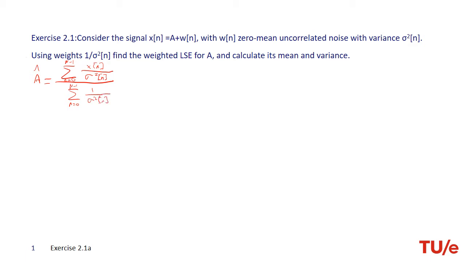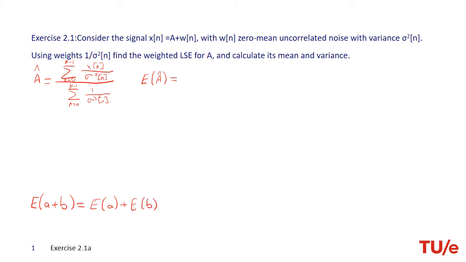Okay. Now, we are interested in the expected value for a hat. To calculate this, we need to keep in mind two very important properties for the expected value. I'm going to note them down here and say we have two random variables, a and b. And if we have the expected value of the sum of these two random variables, we actually have the sum of the expected values for these random variables.